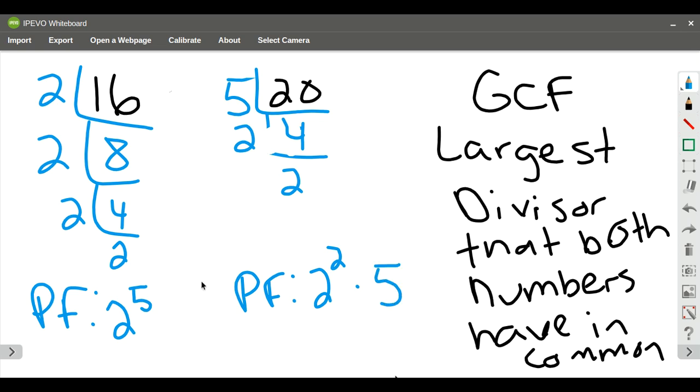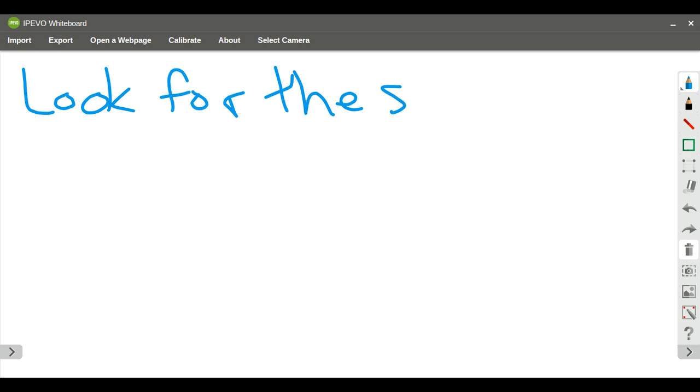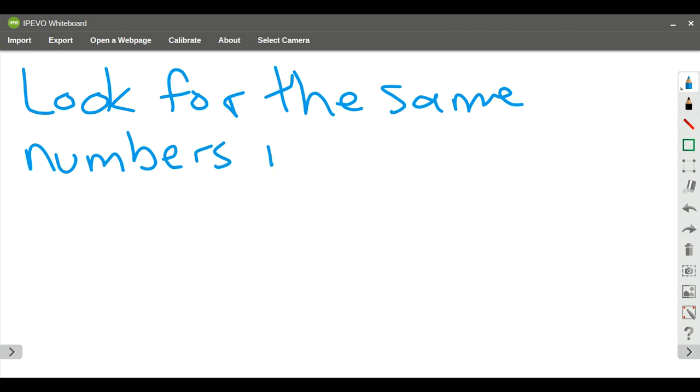Okay, so now when I'm looking at the GCF, I need to look for the same numbers in both prime factorizations.